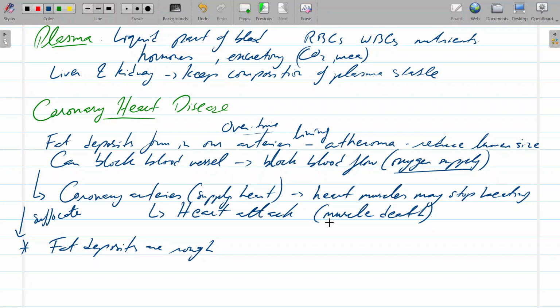So why does high cholesterol result in heart attack? Well, cholesterol is a lipid, and the body stores lipids.